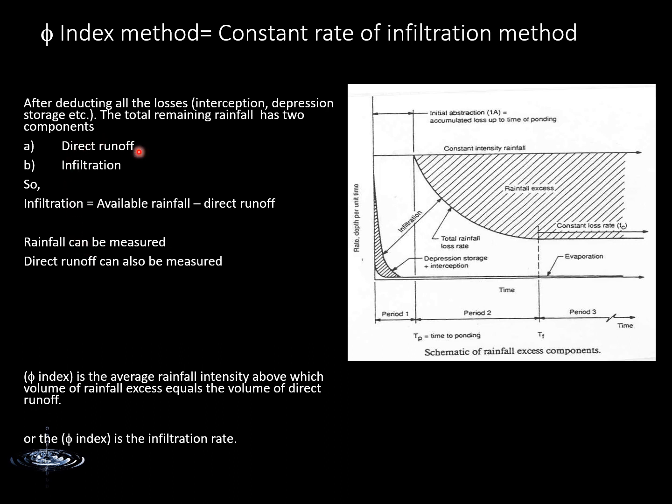So basically, infiltration equals available rainfall minus direct runoff. And we know rainfall can be measured, right? We can also measure the direct runoff, and once we deduct interception and depression, we can calculate the quantity of infiltration.